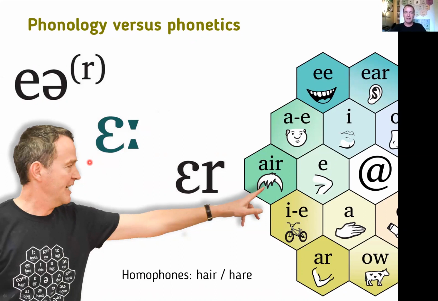Or in American, you might prefer to write it this way. The point is, it doesn't really matter what the symbol is. Shakespeare said, "A rose by any name smells as sweet." It doesn't matter that it's called a rose. The nature of it is the same. Well, the same goes here. It doesn't matter which symbol you use. It's still that corner of the chart.